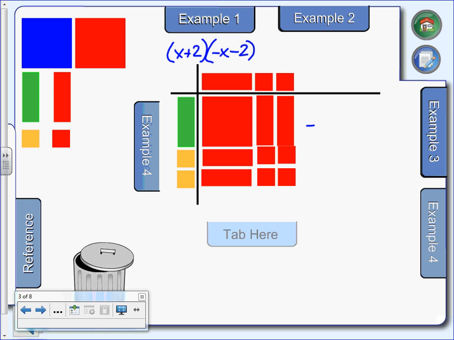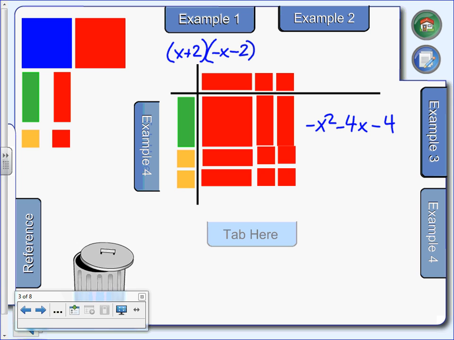I have negative x squared, 1, 2, 3, 4, minus 4x, 1, 2, 3, 4, and I would say minus 4. There we go. Negative x squared minus 4x minus 4. And that would be our answer.